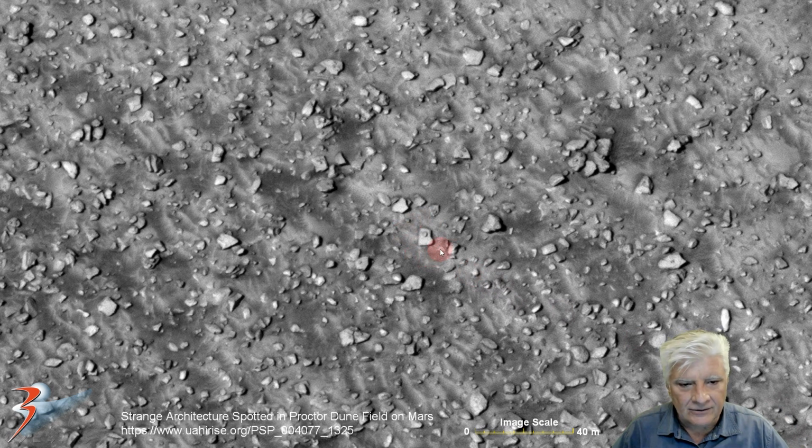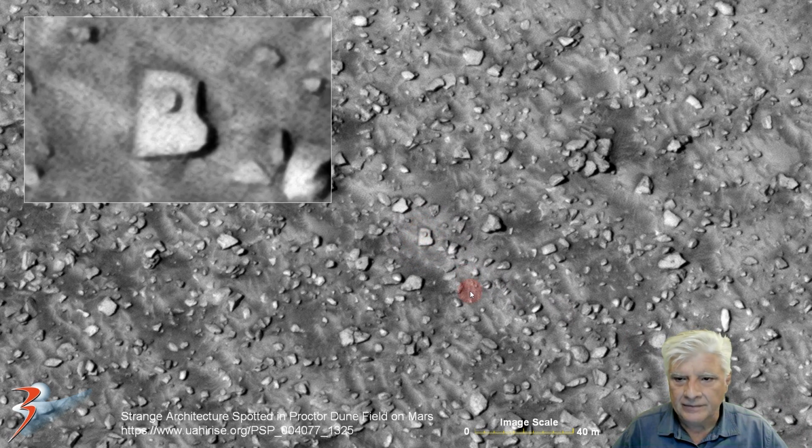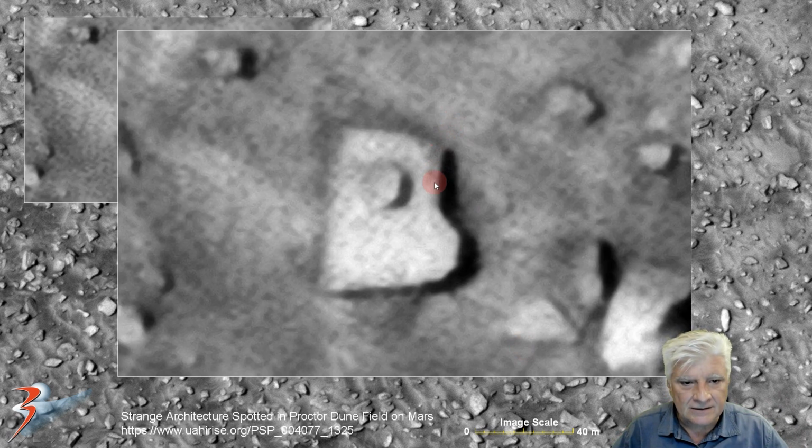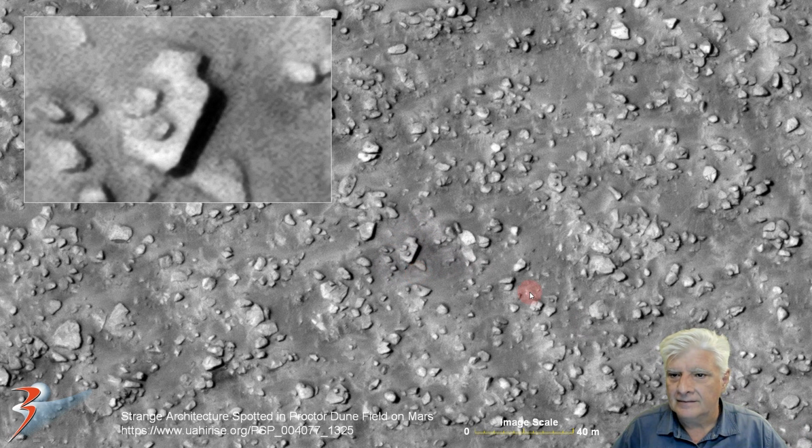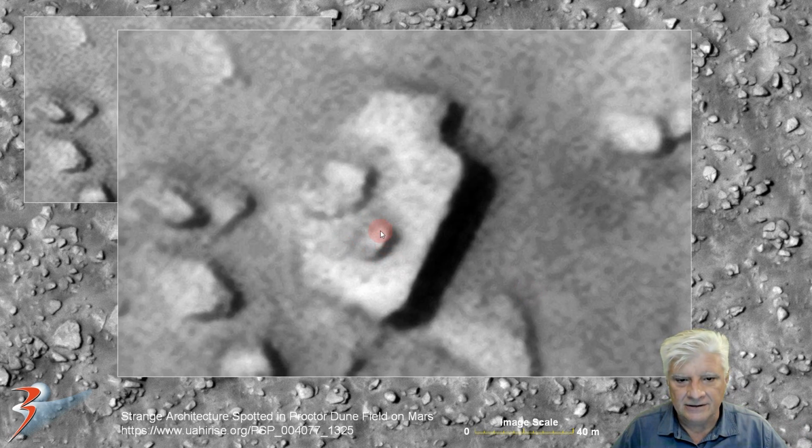Then we're looking at what I speculate could be molded or shaped blocks. Check out this piece. There's a protrusion on the top as well, and a similar block over there also has a protrusion on the one side.